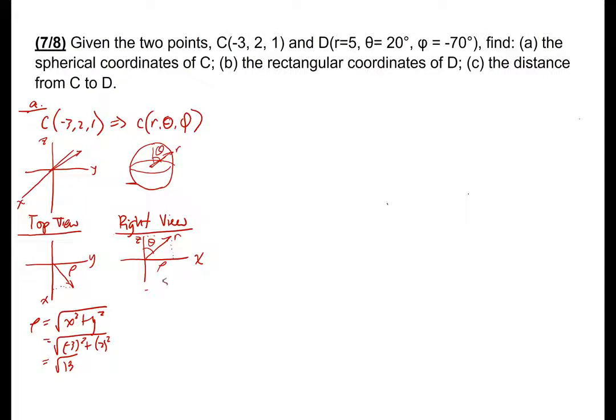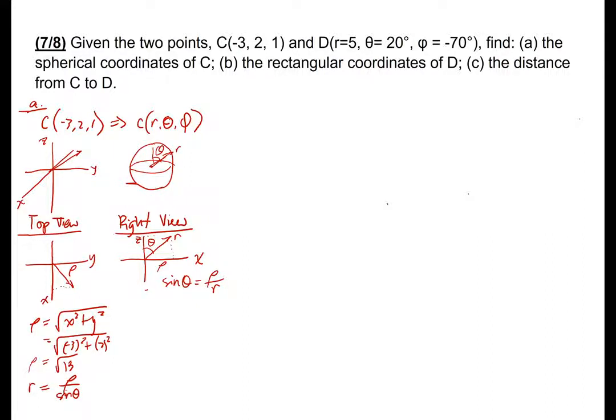So using sine theta, this is opposite over the hypotenuse, which is r. Therefore r is equal to rho over sine theta. Very simple.